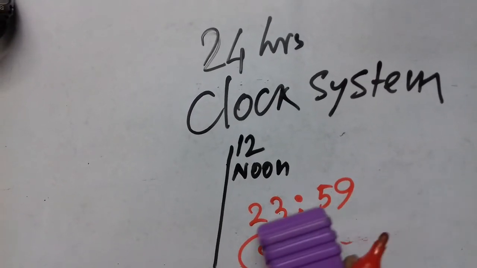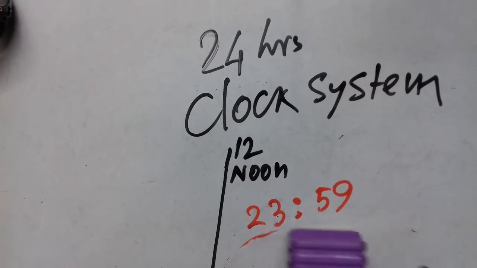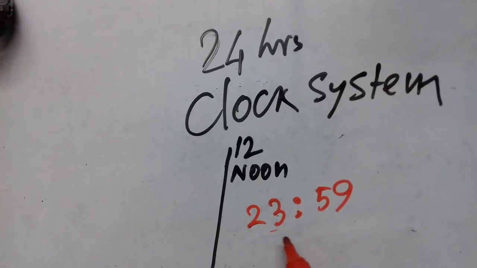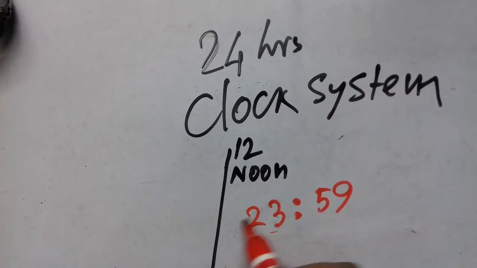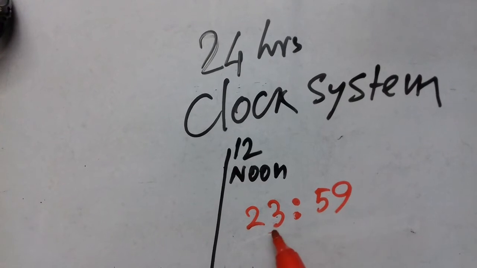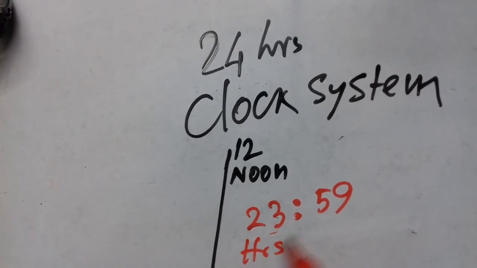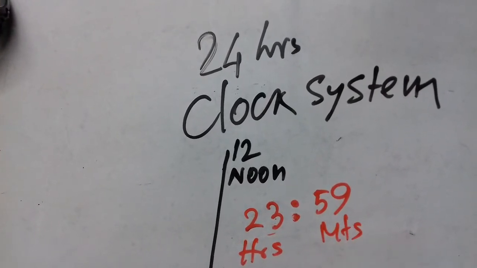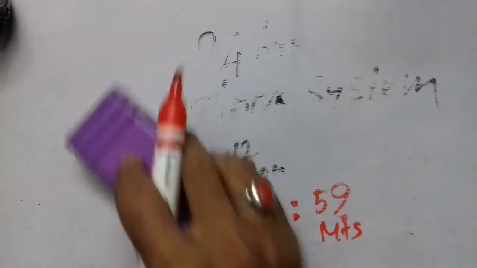Here two parts are displayed. One is before this colon, another is after the colon. This is for hours, that is for minutes. In this watch we can find these two divisions.